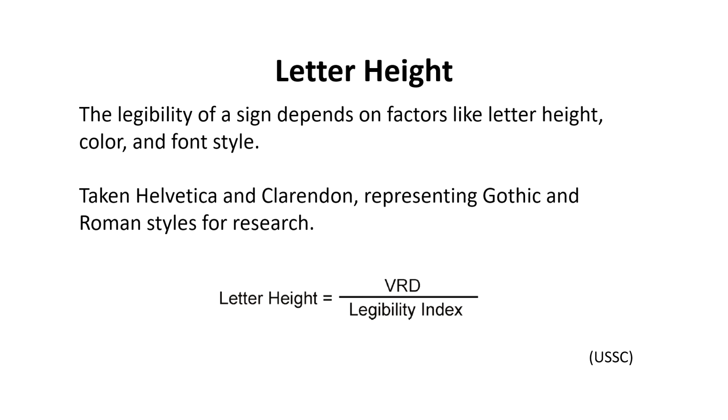Now, let us go to the next factor, which is letter height. The legibility of a sign depends on factors like letter height, its color and the font style. The impact of color and illustrations is also very effective, so we need to consider these factors as well. The study used Gothic and Roman style letter fonts like Helvetica to find the best letter height for different viewing distances.